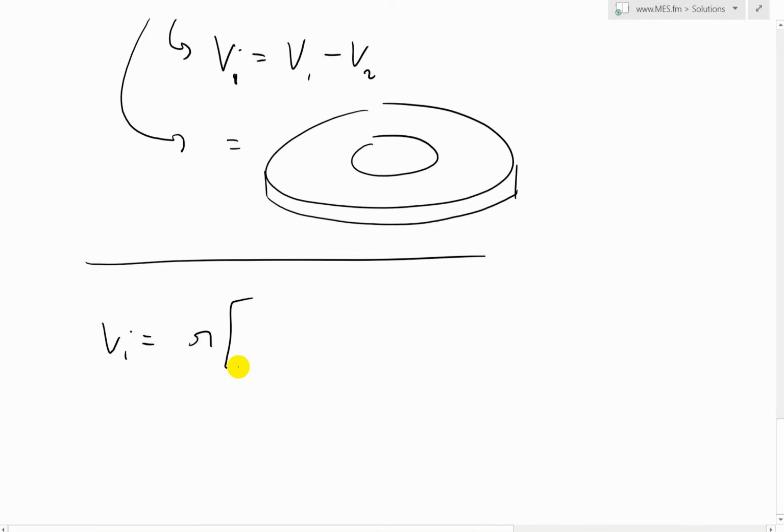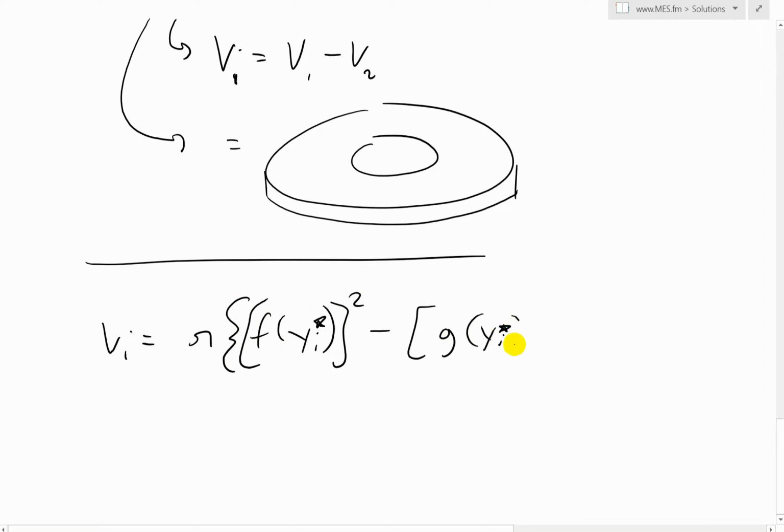So now we have f of yi star, squared, minus g of yi star, squared, and then delta y.